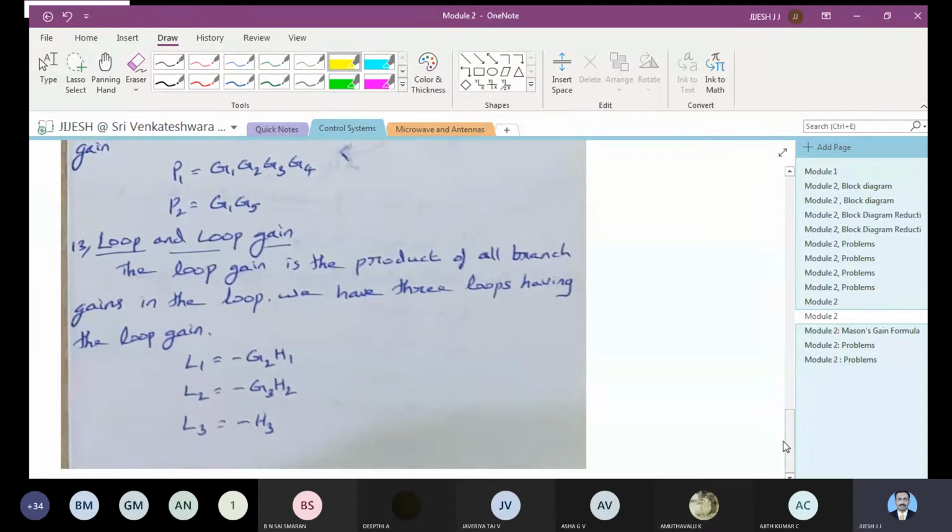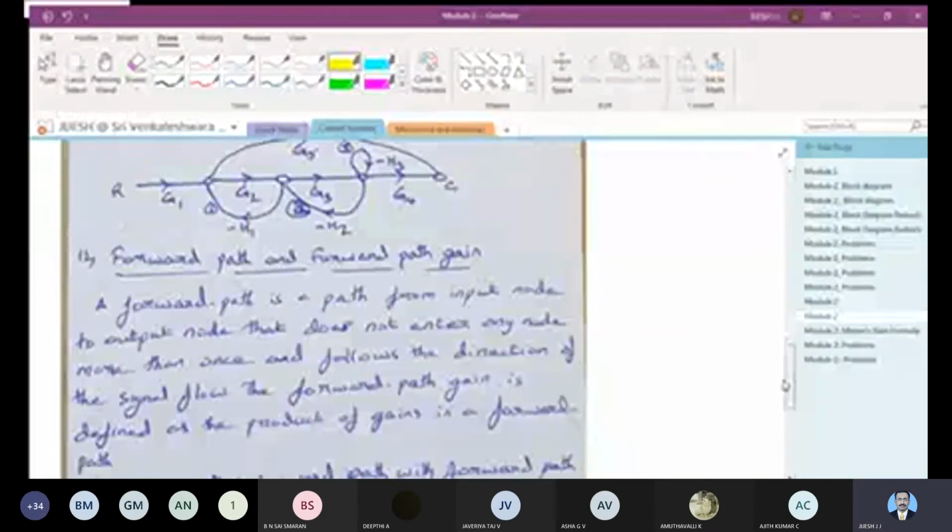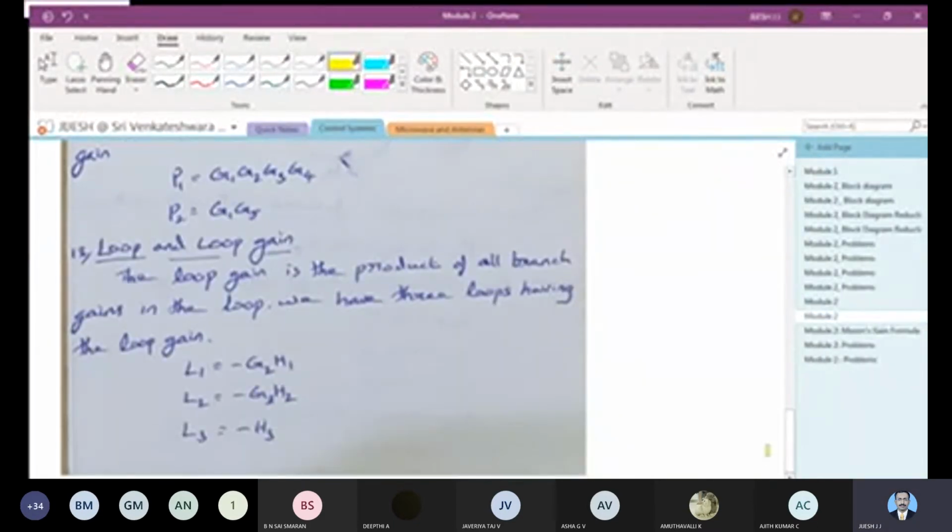Any other loops are possible in that figure? No, sir. So these are the only possibilities. In that figure you have two forward paths and three loops possible.